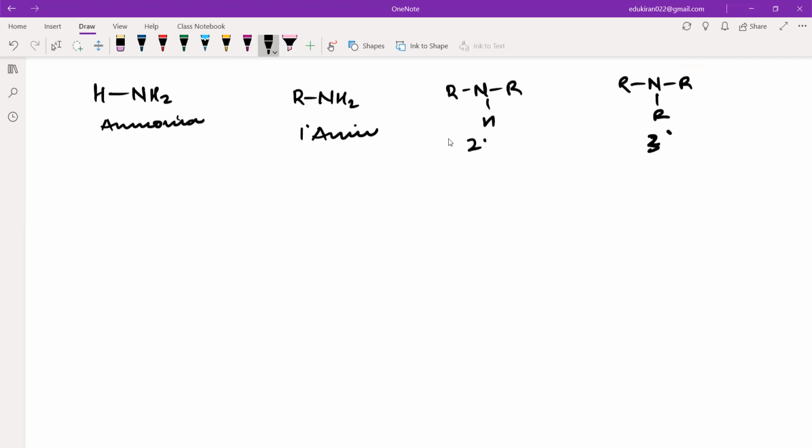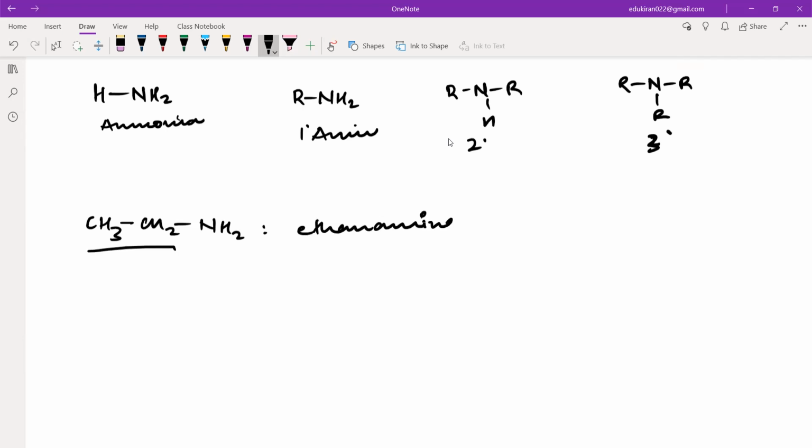Now, how do we do the IUPAC nomenclature? Let us take one easy example: CH3CH2NH2. If you have a very simple case, you will just name it as alkane amine. So this is ethane amine.